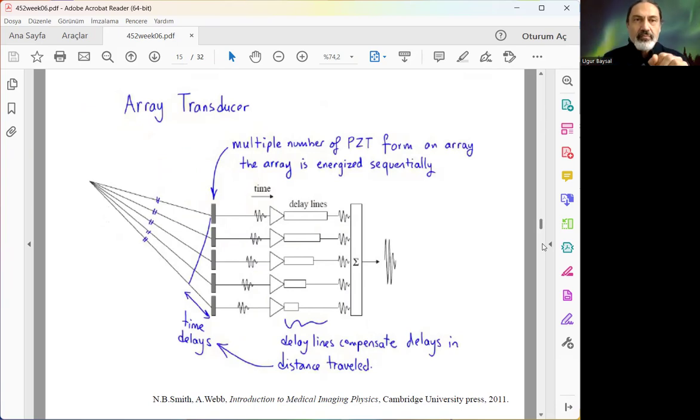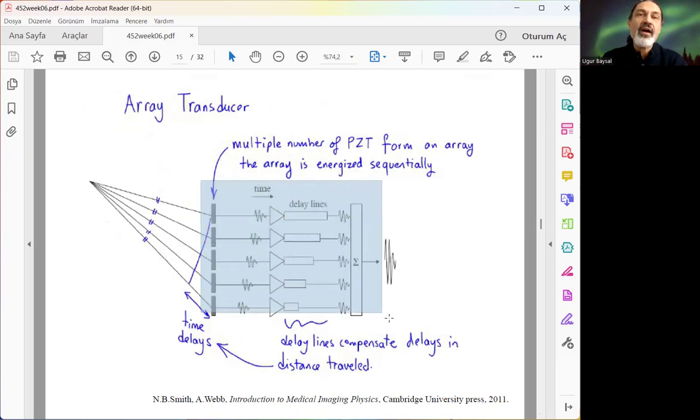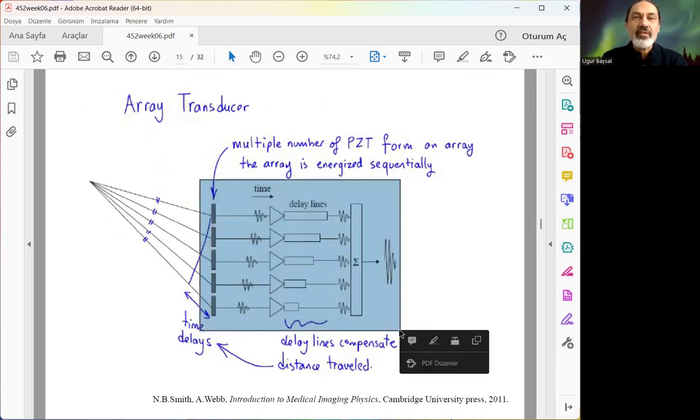You can, for example, take a very simple 5-element piezoelectric array. If you energize or activate each component at a certain time so that their waves are superimposed at some focal points in the body, you can target the most selected or the most sensitive part of the tissue.